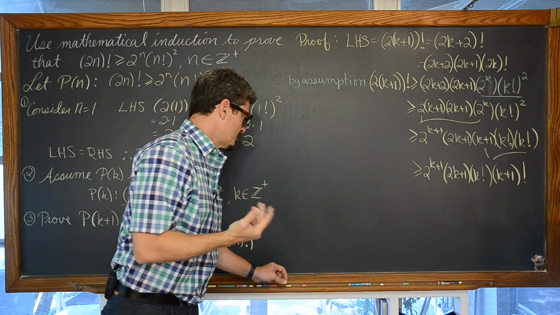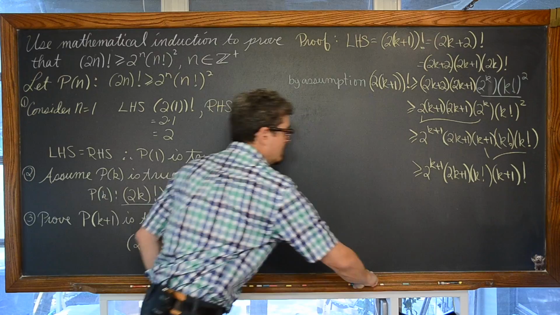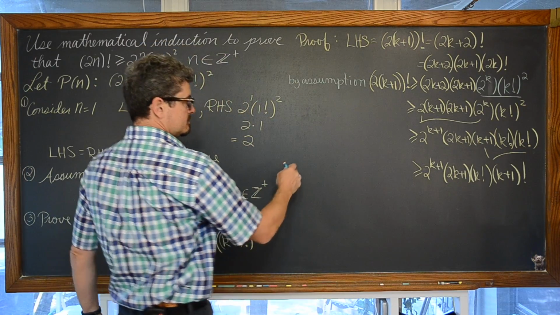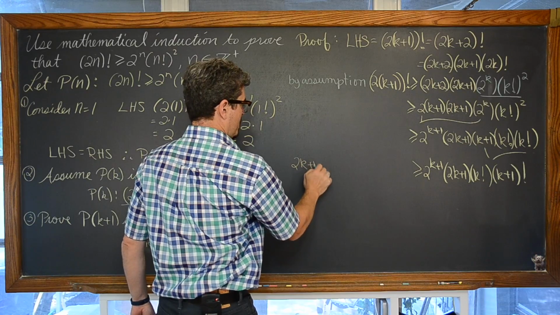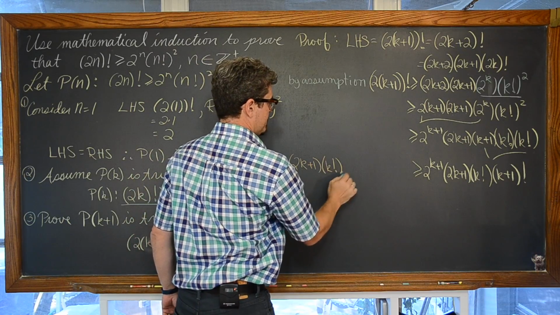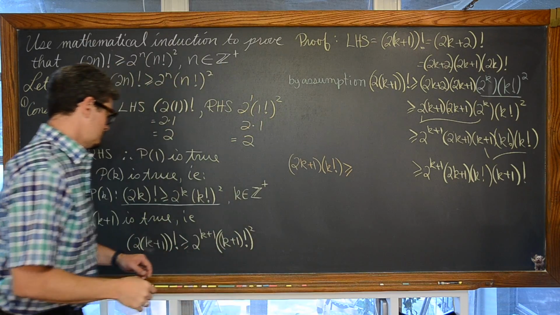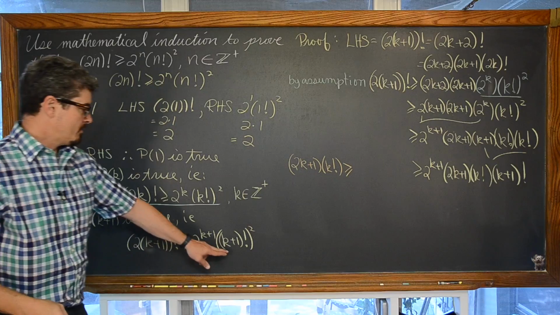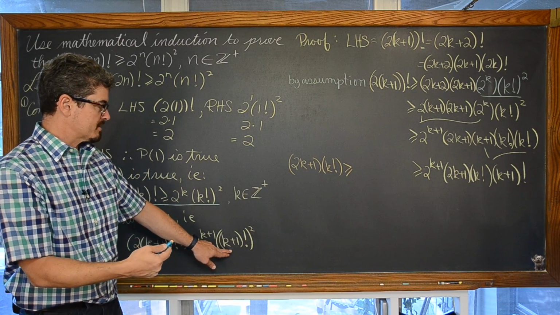So we just need to come to the realization, let's get me some orange chalk out, here we go, that (2k+1) times k factorial, isn't that going to be greater than or equal to, what do we need here? We need another (k+1) factorial.